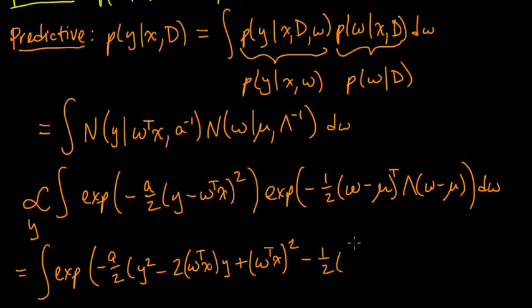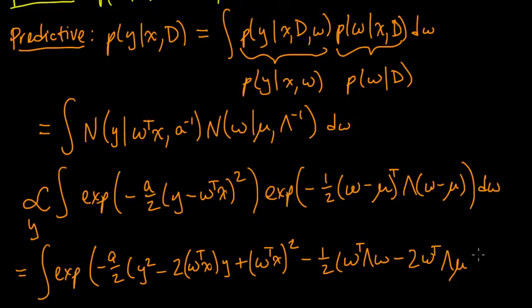And let's go ahead and multiply this one out too. So this is W transpose lambda W minus 2 W transpose lambda mu. Lambda equals lambda transpose because it's symmetric.